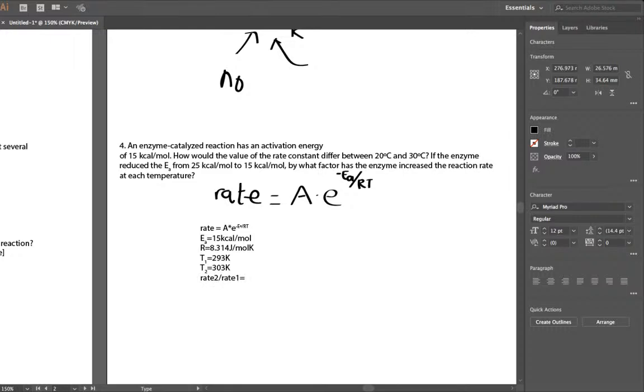When we do that, we can cross out the A because it's a constant. Then we find e to the power of negative EA over RT. But before that, I'm still intrigued by this one, because R is still in joules per mole Kelvin, and what I want is calories, or at least kilocalories. So I need to convert joules to calories.